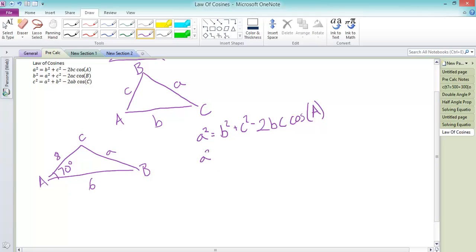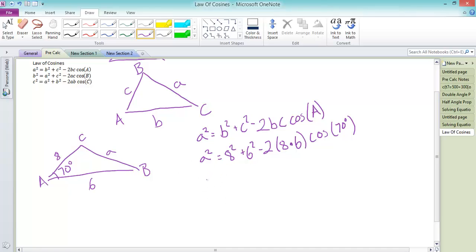I'm looking for a squared is equal to b squared, or 8 squared plus 6 squared minus 2 times 8 times 6. So 2 times b times c times the cosine of angle A, which was 70 degrees. Now guys, I can't move the cosine 70 degrees over until I've finished with 2 times 8 times 6.